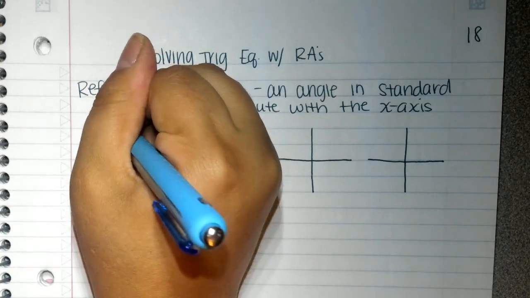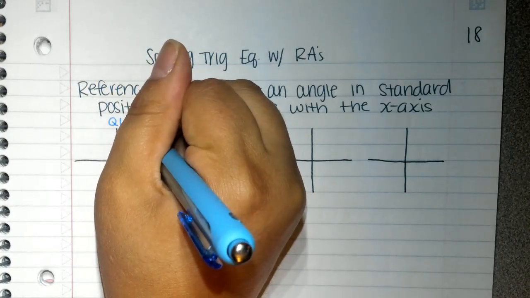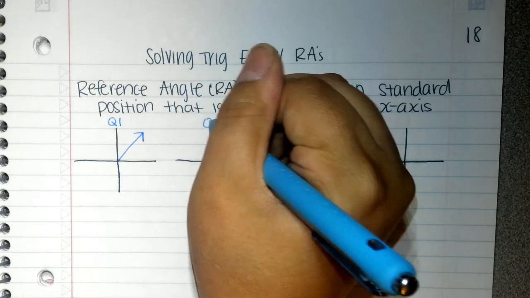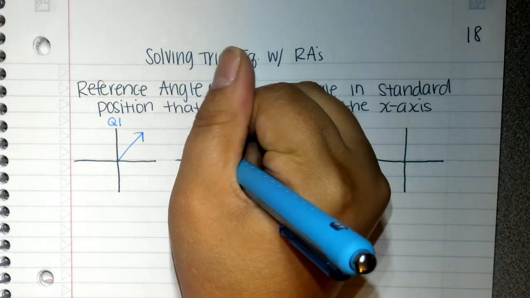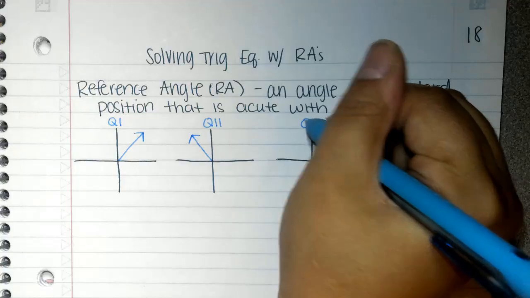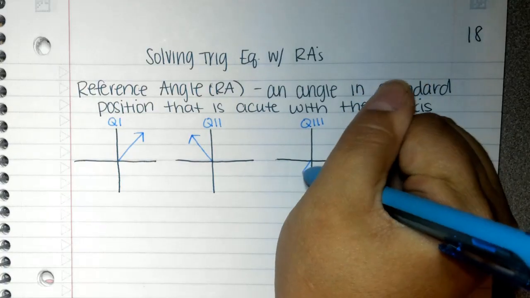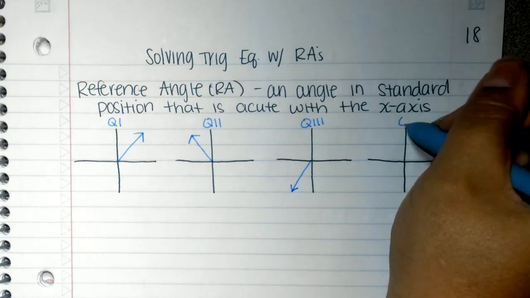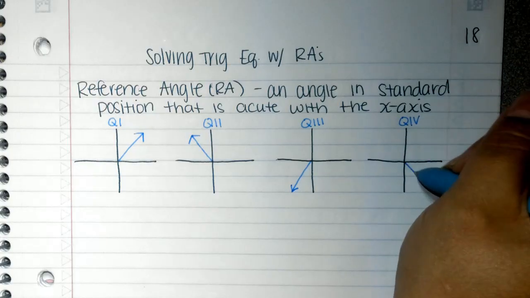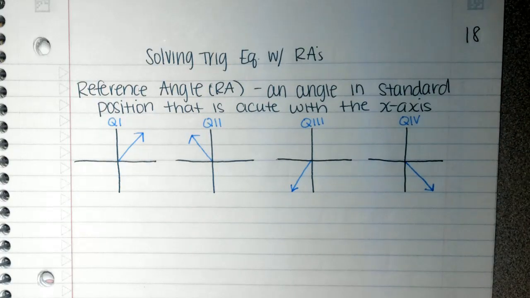And I'm going to have a terminal angle in quadrant 1, in quadrant 2, in quadrant 3, and in quadrant 4.